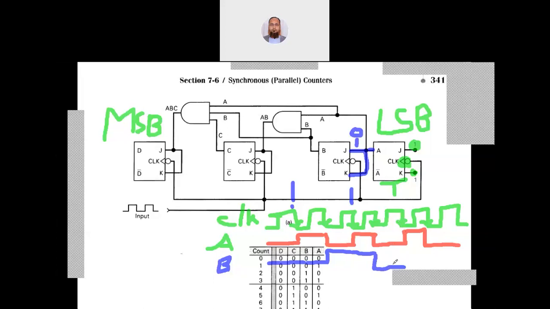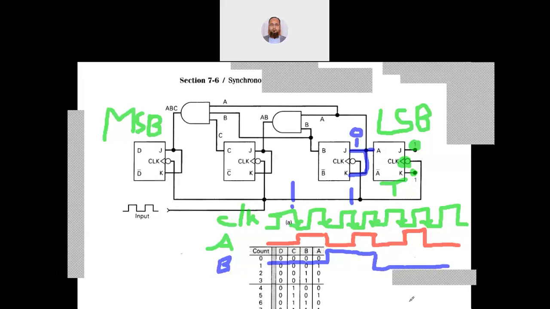So what will happen to B? B will remain 0, because we have already told you that when the inputs of the JK flip-flop are 0, the state remains the same. There will be no change. The clock comes, the input is low, so it will remain 0.